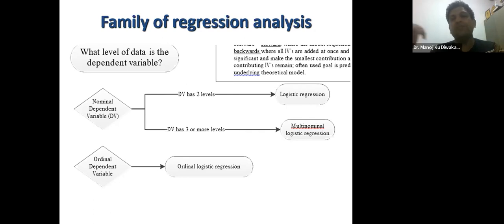If it is yes and no kind of data, then you can go for logistic regression. If your nominal dependent variable has two labels, meaning yes, no, fail, pass, then you can go for logistic regression. If you have more than two labels, then you can go for multinomial logistic regression. If it is an ordinal dependent variable, then you can go for ordinal logistic regression.